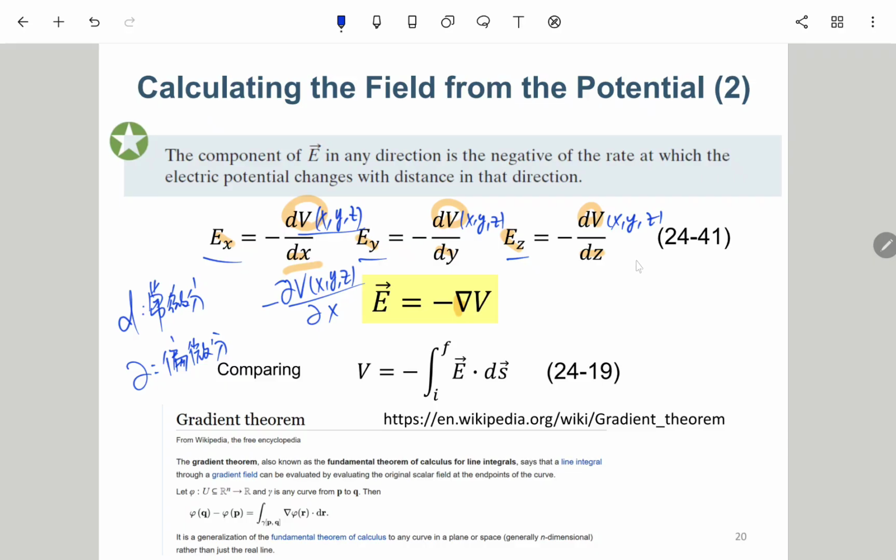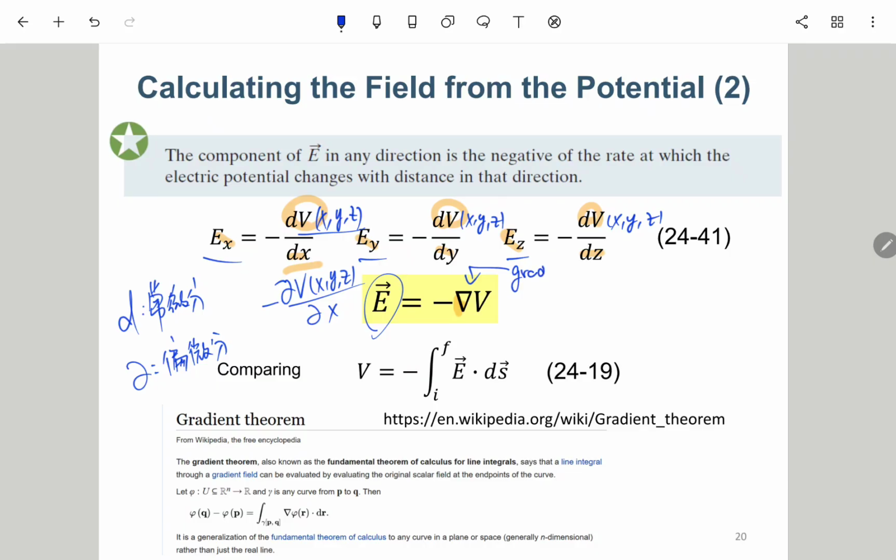So actually, we have three independent formulas here for the x-axis, y-axis, z-axis. Why not make it one? The idea is that the whole E field is actually negative gradient V. Gradient is a so-called gradient operator.